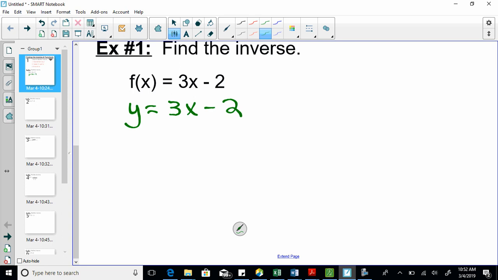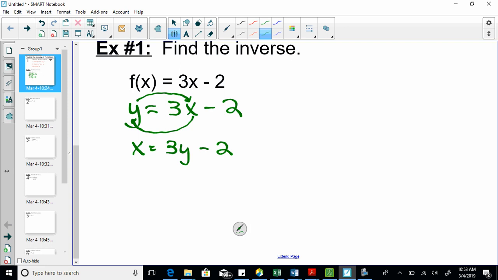Now we actually have to switch x and y. That means these actually switch positions. So, y is going to come over here to where x is, and x moves over here. The 3 does not change spaces. The 3 stays in the same spot. So it becomes x equals 3y minus 2.